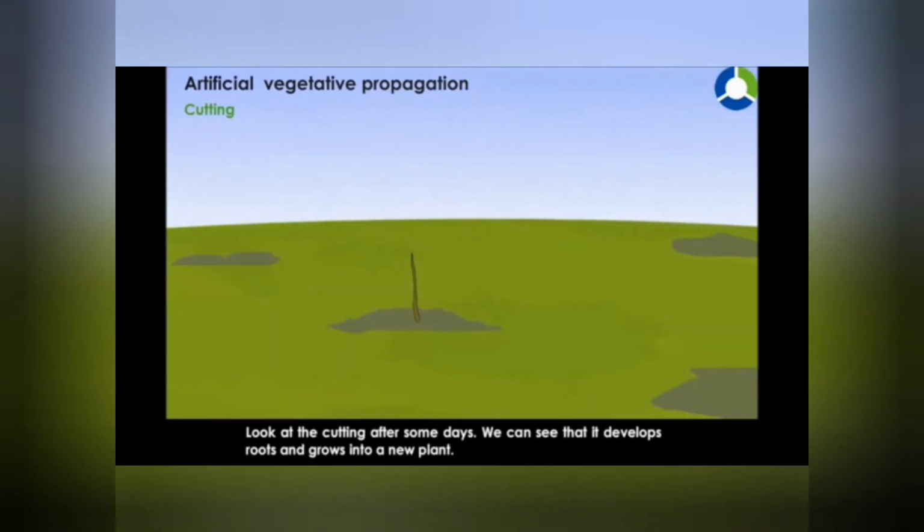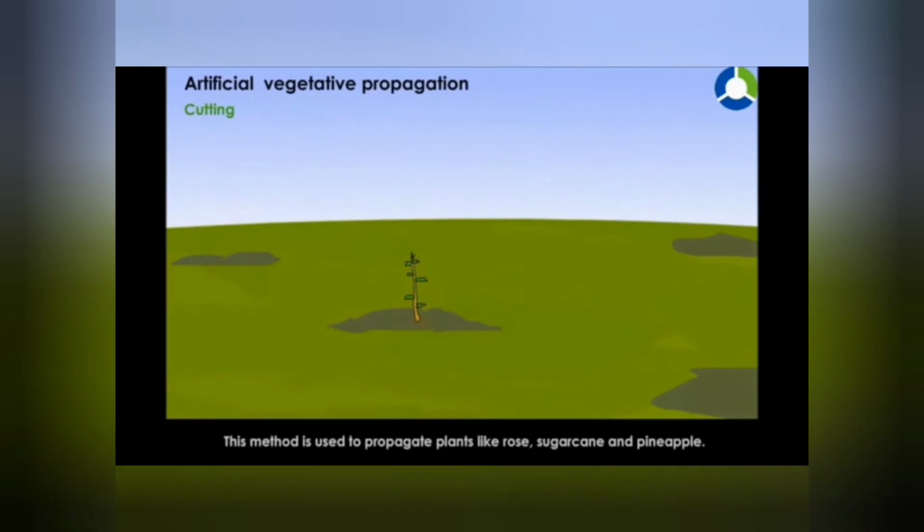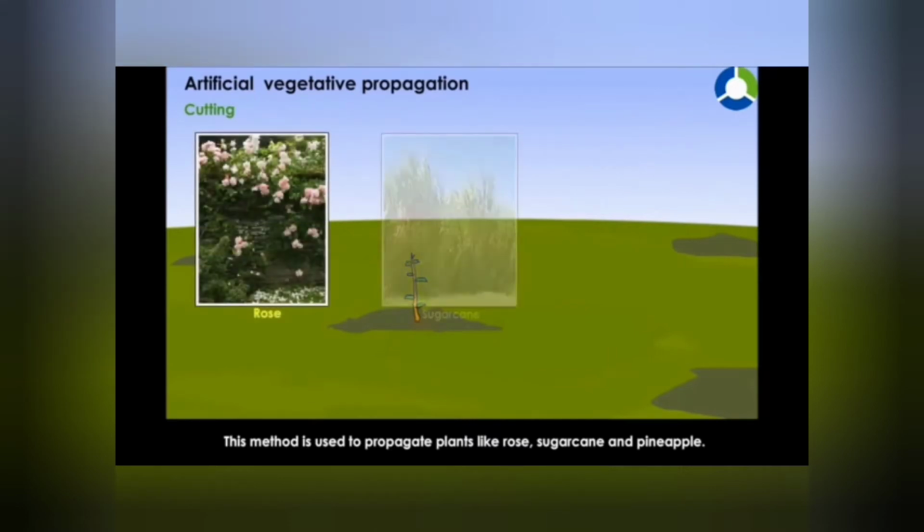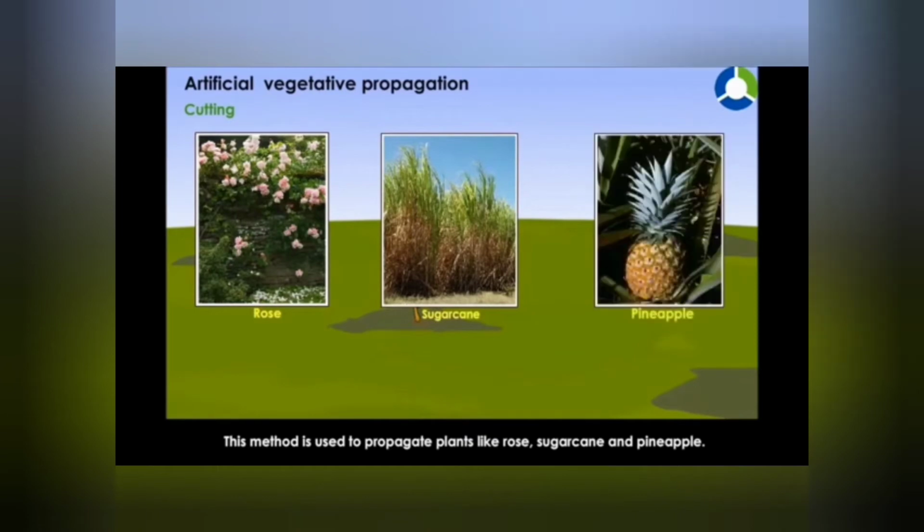Look at the cutting after some days. We can see that it develops roots and grows into a new plant. This method is used to propagate plants like rose, sugarcane, and pineapple.